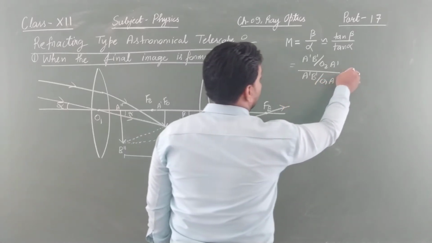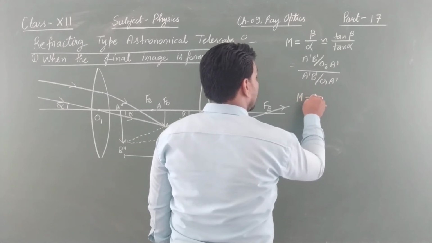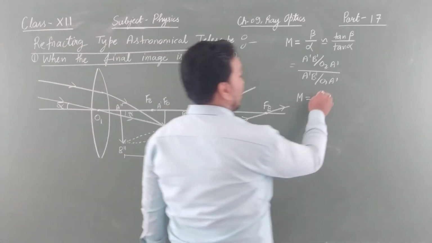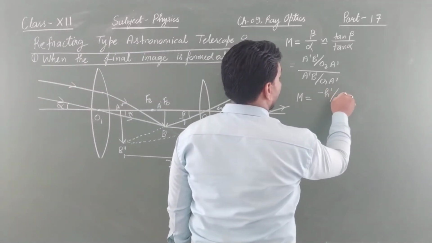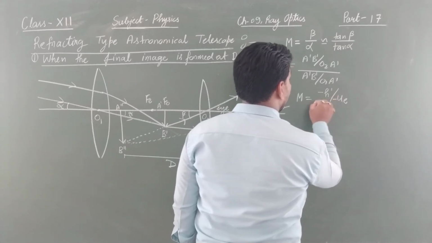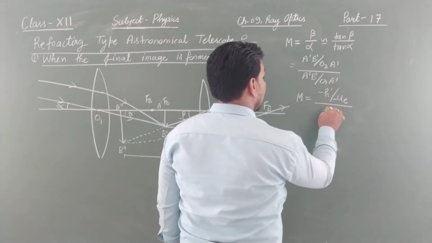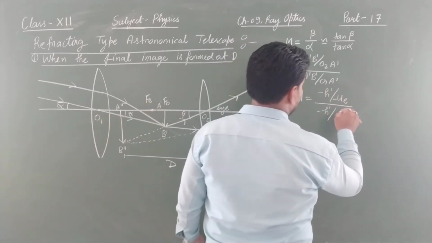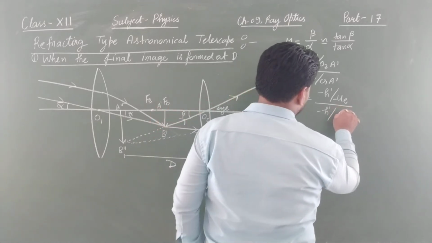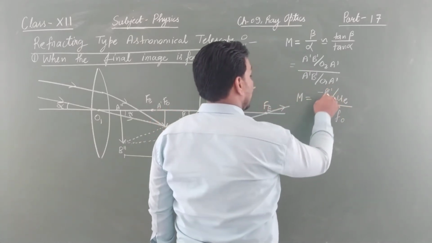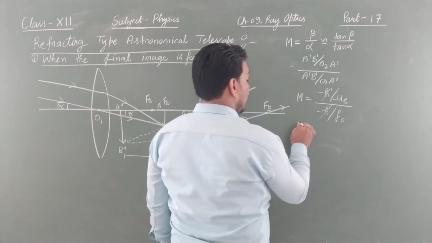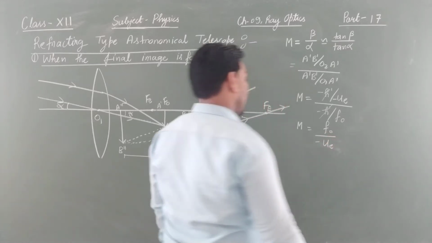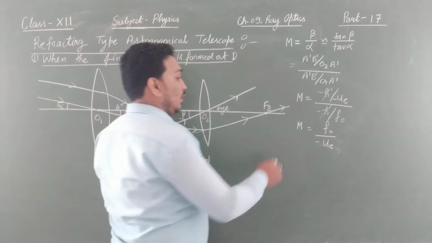Now if we put the values, M is equal to A dash B dash, let it be minus h dash, the height of the image formed by the objective, upon O2 A dash, which is UE, that is also negative. A dash B dash is again minus h dash upon O1 A dash. O1 A dash is the focal length of the objective, so basically it is going to be fO only. h dash and h dash will be cancelled out, and we'll have m is equal to fO upon UE with a negative sign.